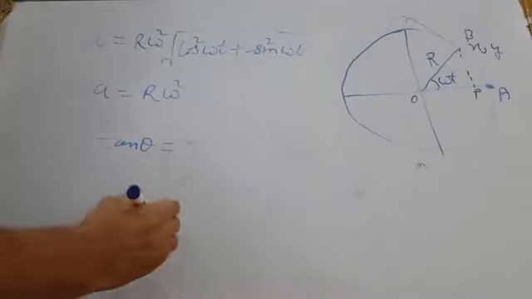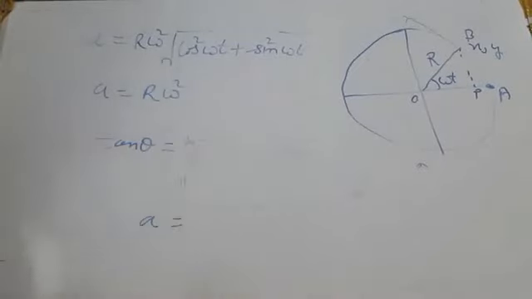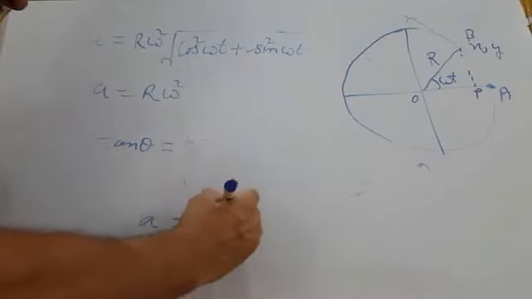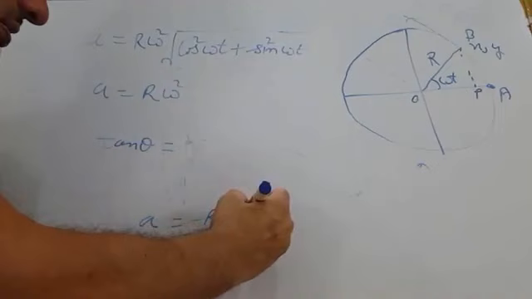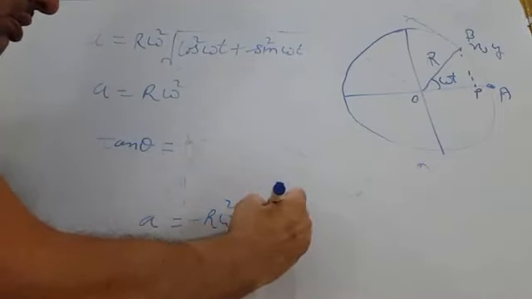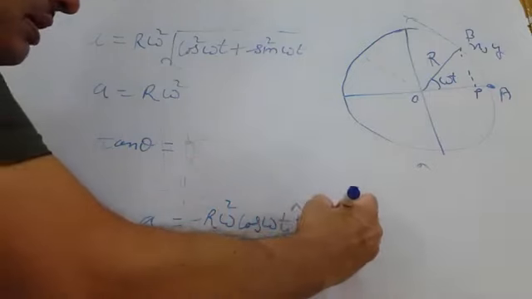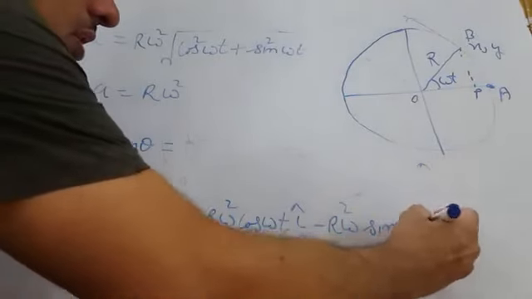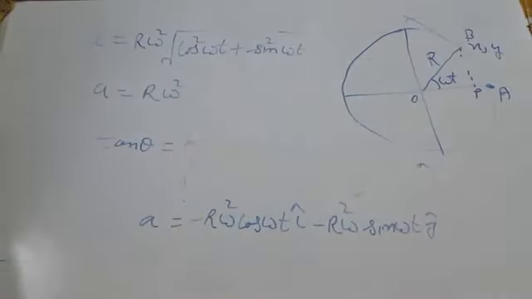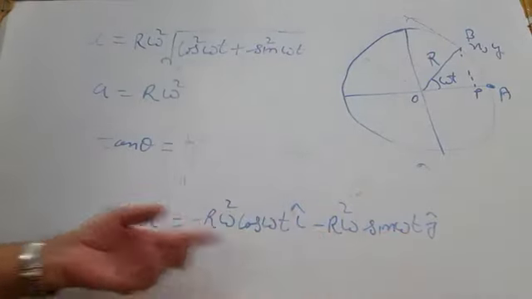Before that I will write the equation for acceleration. Equation of acceleration was minus r omega square cos omega t i minus r omega square sin omega t j. That was the equation. So tangent theta will be y component divided by x component.